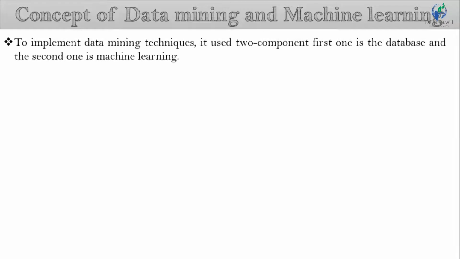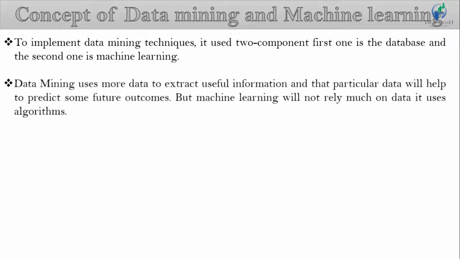To implement data mining techniques, two components are used. The first one is the database and the second one is machine learning. The database offers data management techniques while machine learning offers data analysis techniques. But to implement machine learning techniques, it uses algorithms. Data mining uses more data to extract useful information, and that particular data will help to predict some future outcomes.